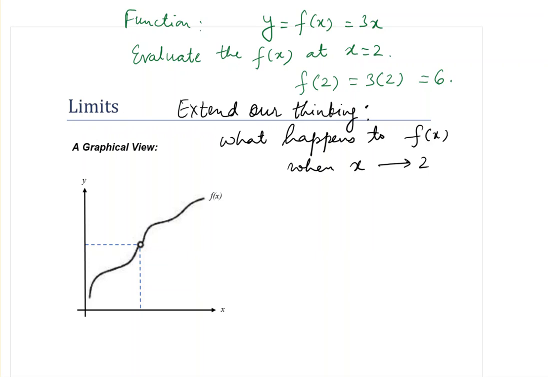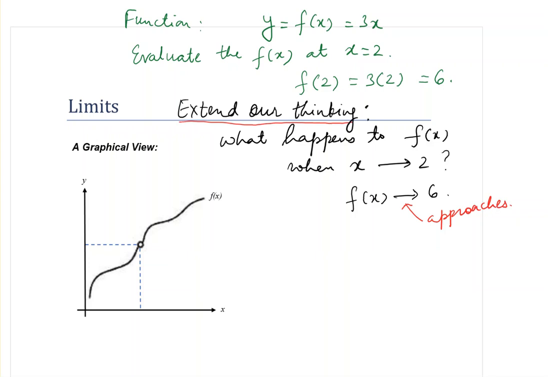We can say that when x approaches 2, f(x) is approaching 6. We use this arrow for our notation of approaches, and we read this as: when x approaches 2, f(x) approaches 6.